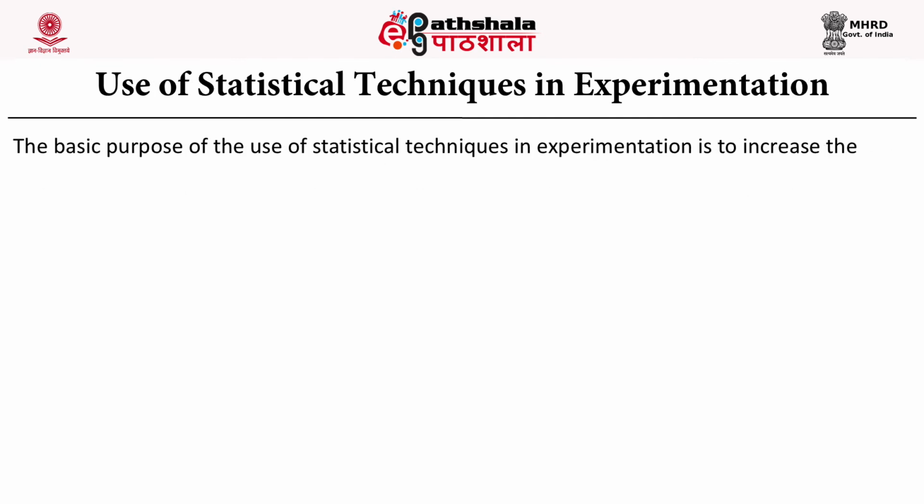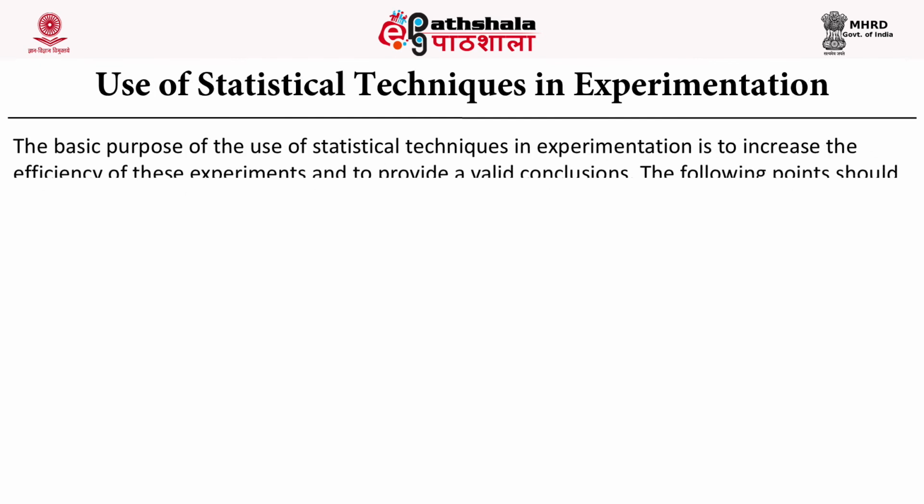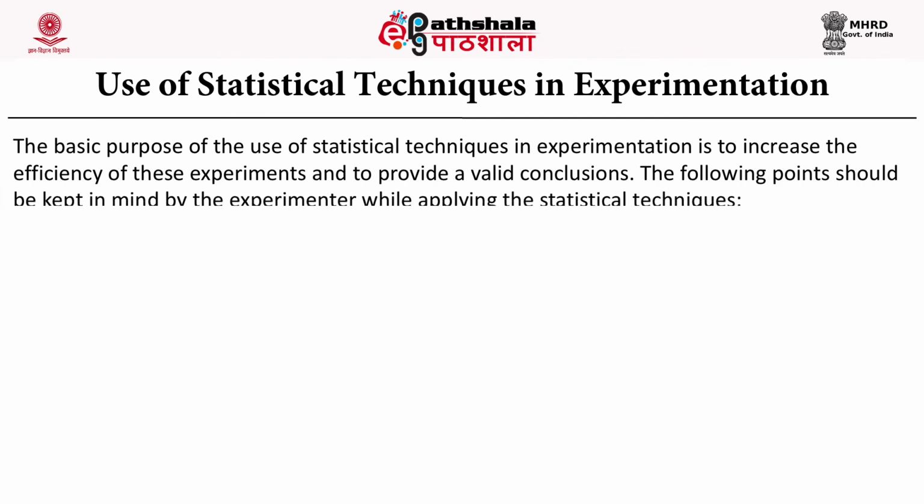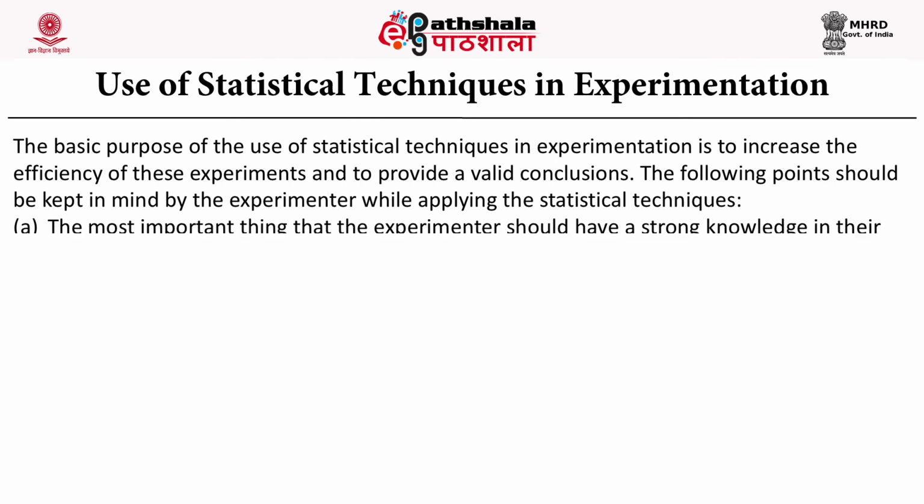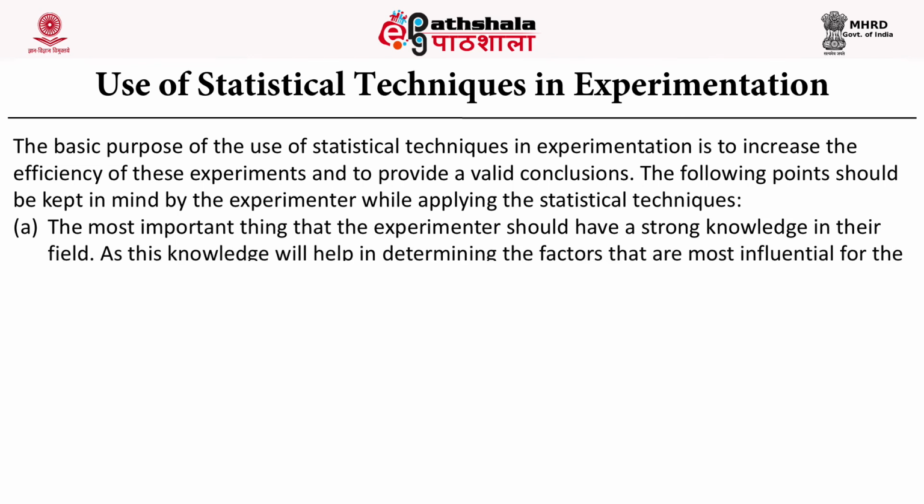Now, in this section we will discuss how to use statistical techniques in experimentation. The basic purpose of using statistical techniques in experimentation is to increase the efficiency of these experiments and to provide a valid conclusion. The following points should be kept in mind by the experimenter while applying statistical techniques.